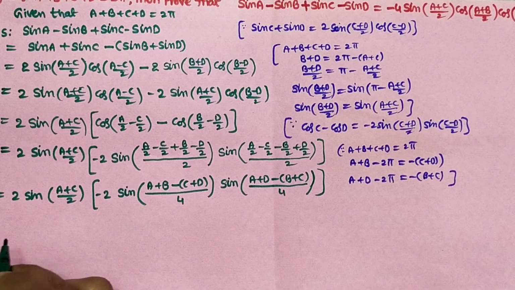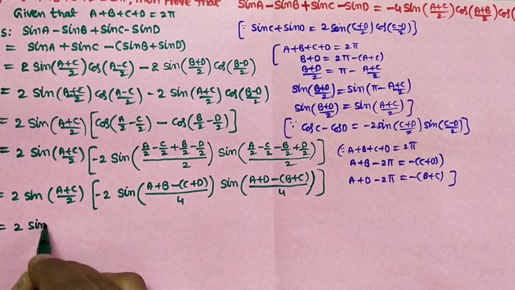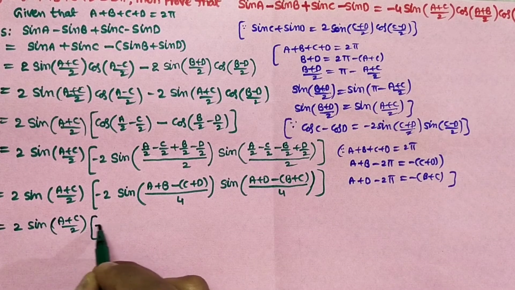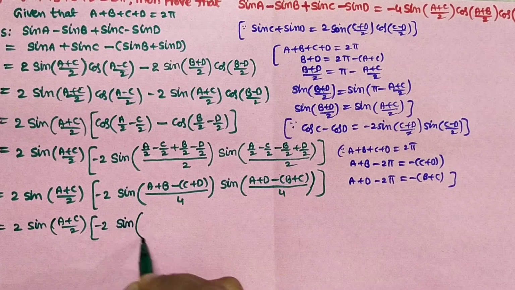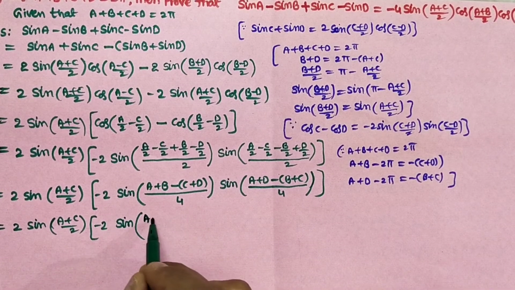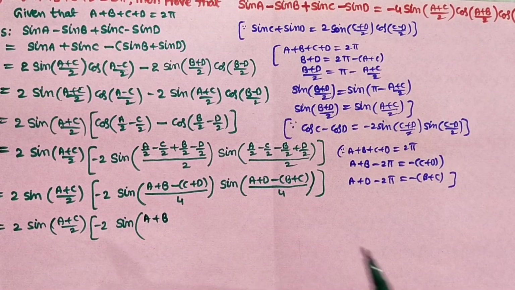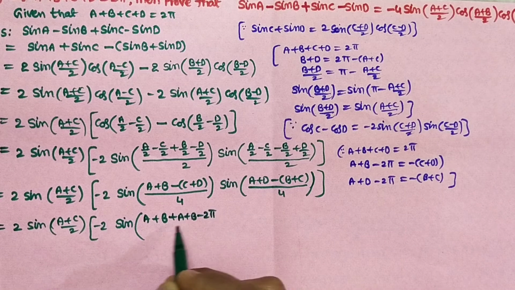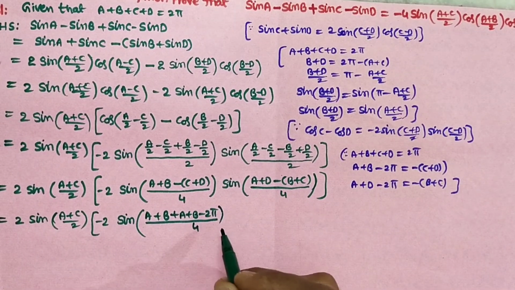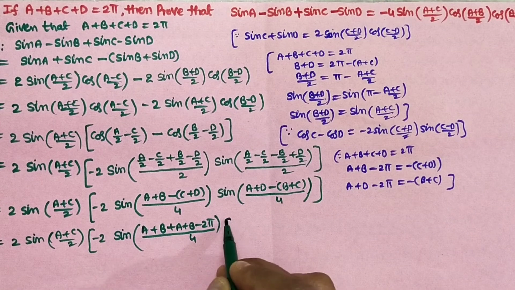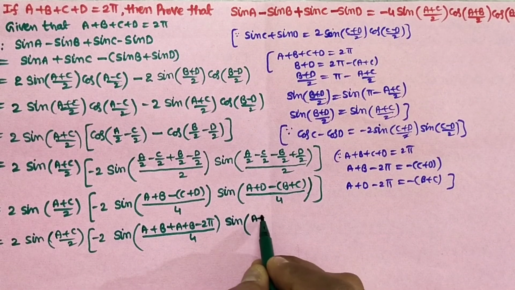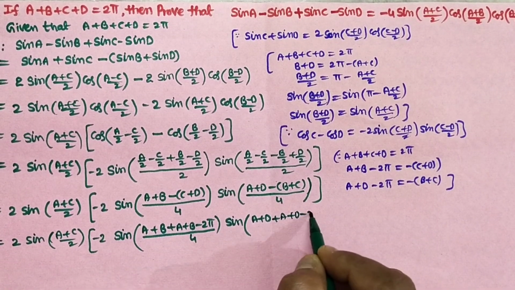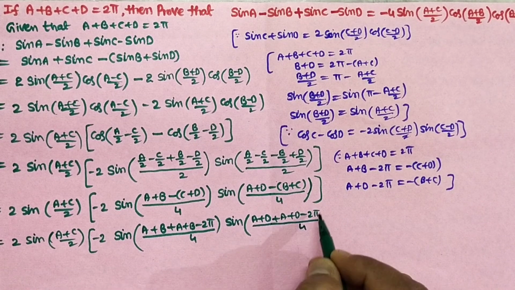So it will become 2 into sine of (a plus c)/2 minus 2 into sine of (a plus b minus of c plus d)/2, that means (a plus b minus 2 pi) whole divided by 4, into sine of (a plus d minus of b plus c), we can write it as (a plus d minus 2 pi) divided by 4.